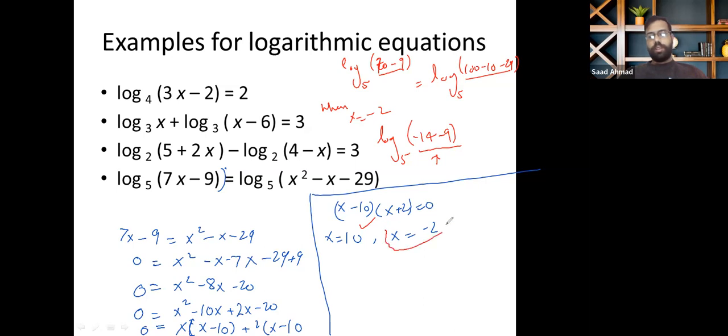So this one is not the solution. Okay, x equals 10 is the answer, is the solution for this logarithmic equation, but x equals -2 is not a valid answer for this one.